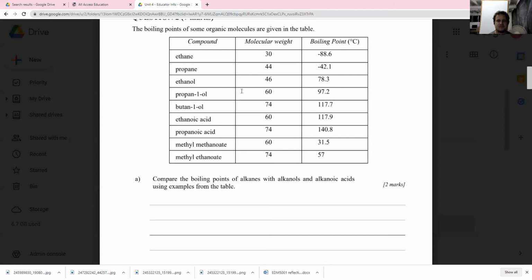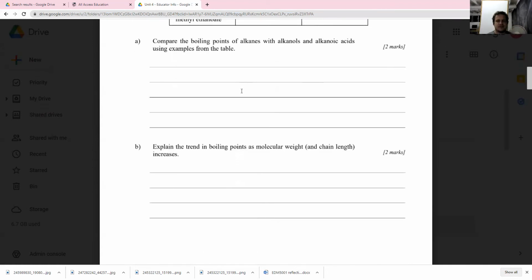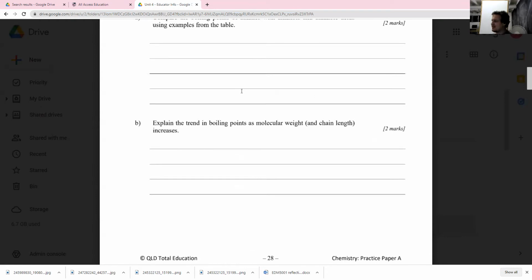Dispersion forces. So to explain the trend, you would say as the chain length increases, so too does the boiling point. This occurs because of the increase in dispersion forces between the hydrocarbon backbones. That's how you would get 2 marks for that.